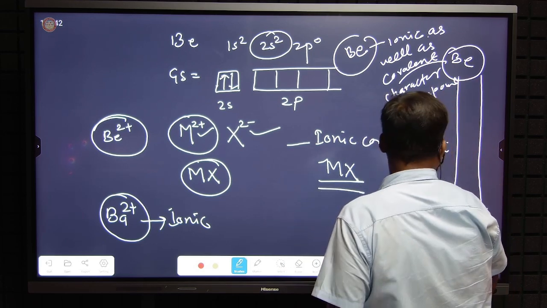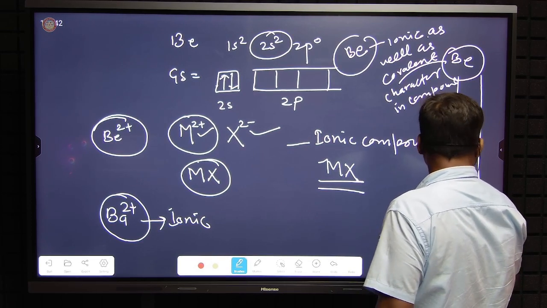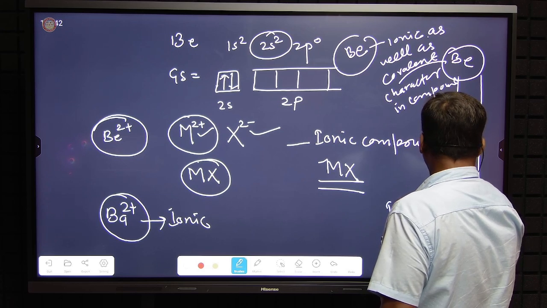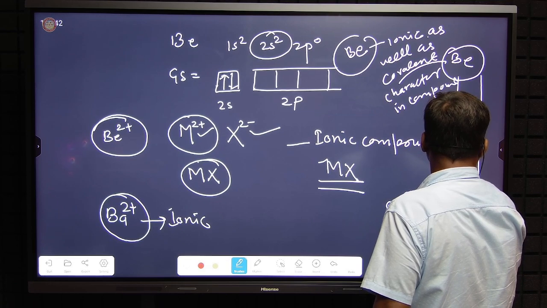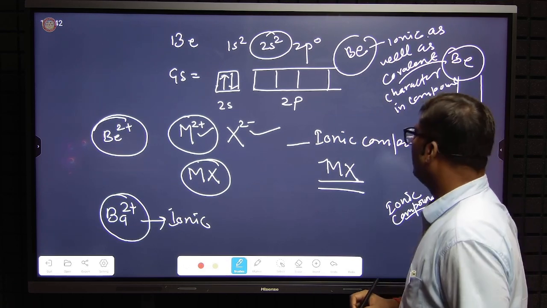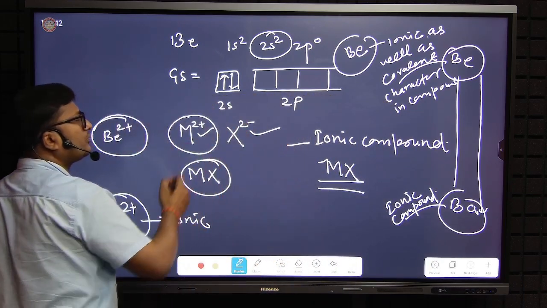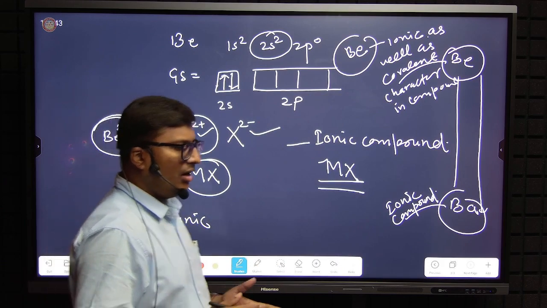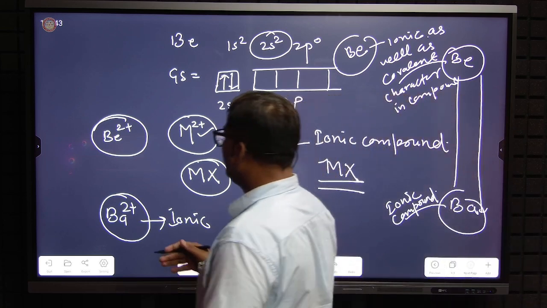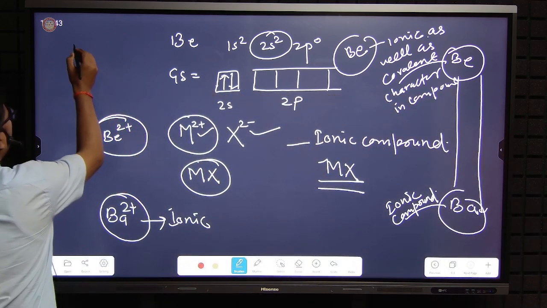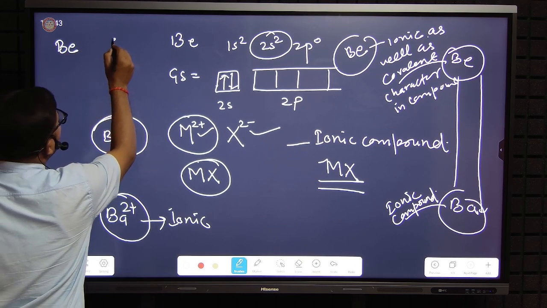But barium, this metal possesses ionic compound, right? So this is actually differences in the electronegativity of the cations and anions. Suppose we have a compound that is beryllium, and that is your oxygen, right?